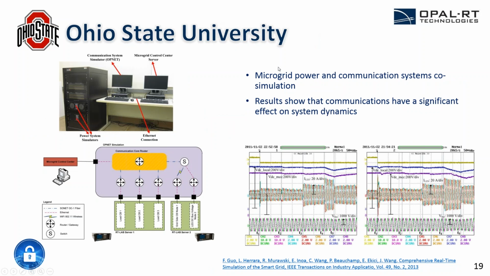And along the same lines, we have Ohio State University, who have a similar setup with a simulator. They have a communication system network simulator using OPNET as well. In their case, they're simulating microgrids, so they have a control server. And what they've done is essentially they've modeled their microgrid using the simulators, and their controller has been tested using a scenario where communication network simulation has not been introduced, which is this one.